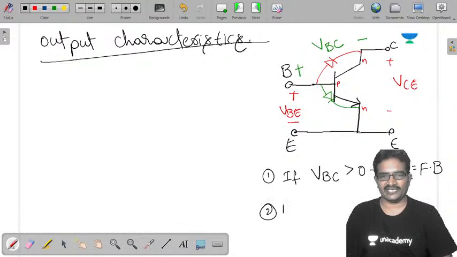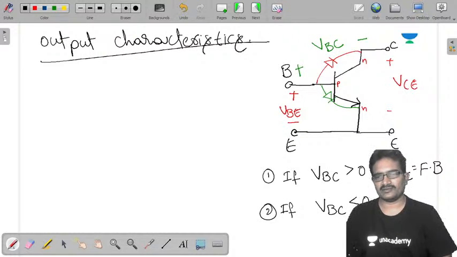Second, if VBC is less than 0, the collector junction is under reverse bias.